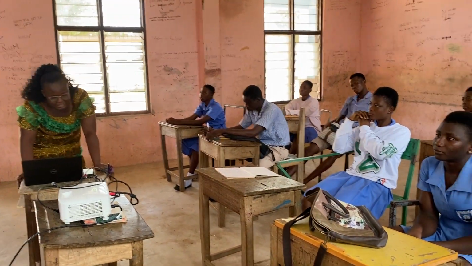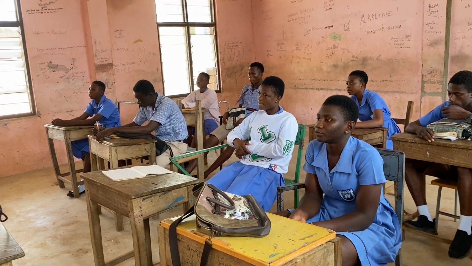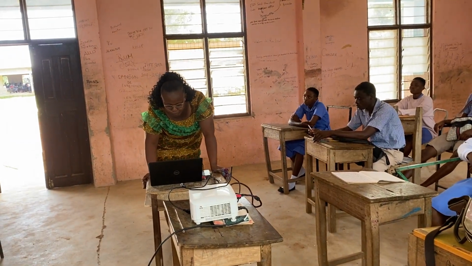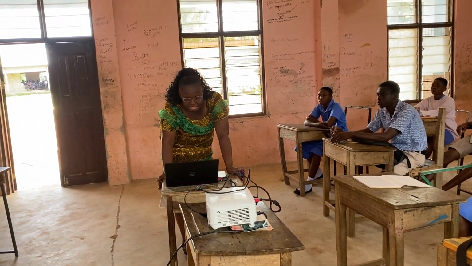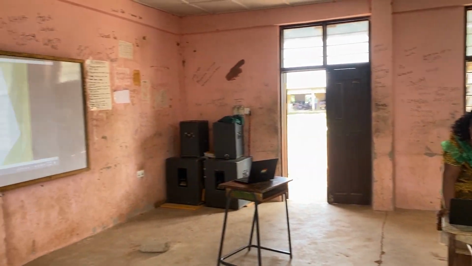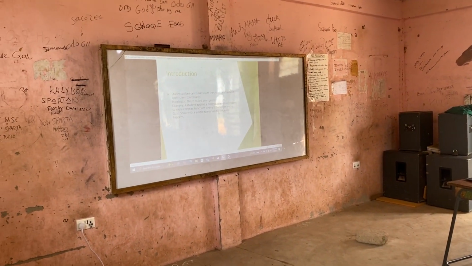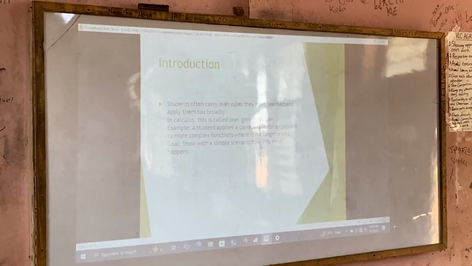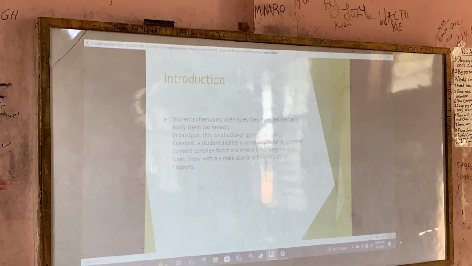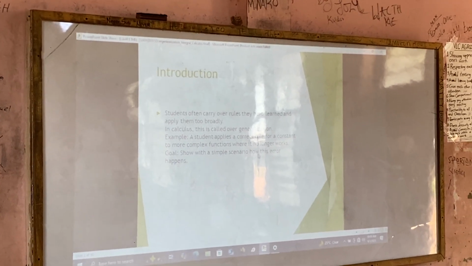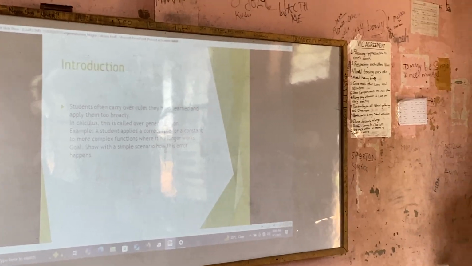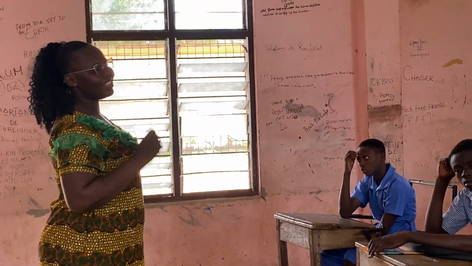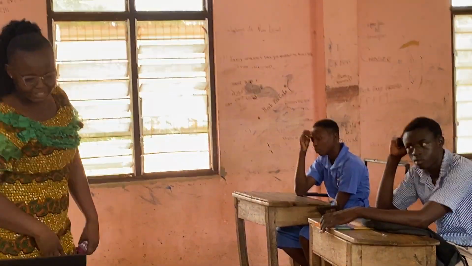For example, a student applies a correct rule for a constant to a more complex function where it takes longer to work. So the goal here is what? Show with a simple scenario how this error happens. So now, what is overgeneralization? Let's find out.